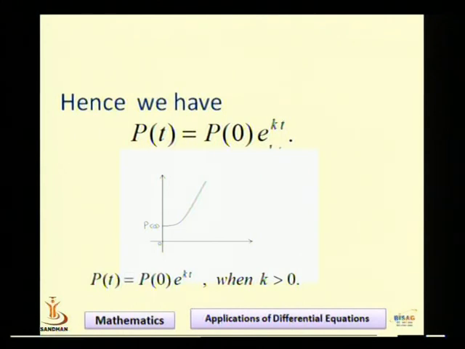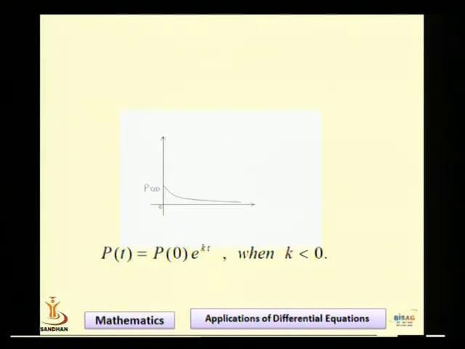You can see that point there in the graph. Then after that, if k is a positive constant, k is greater than 0, as time increases, P of t also increases, the population increases, and the graph is shown in the figure.